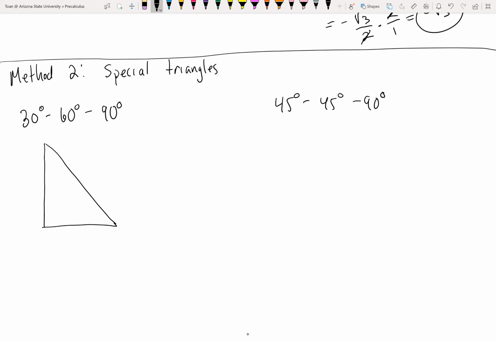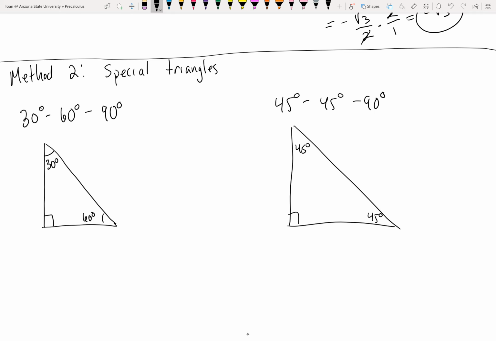Okay. These special triangles are named thusly for their angles. So it doesn't really matter where I'm labeling because it's just not drawn to scale. But let's just say that this is the 30 degrees and this is the 60 degrees. And let's say that this is 45 degrees, 45 degrees.